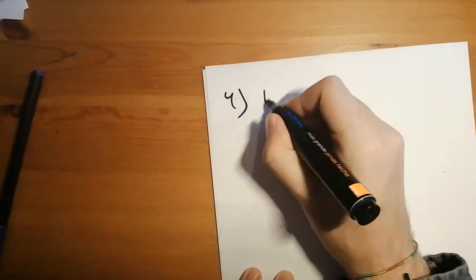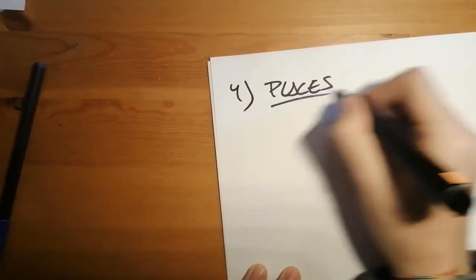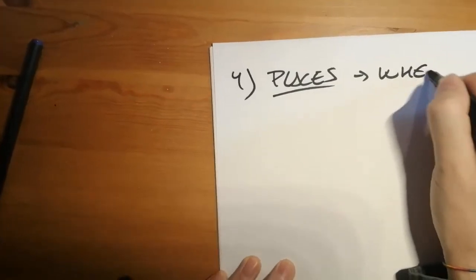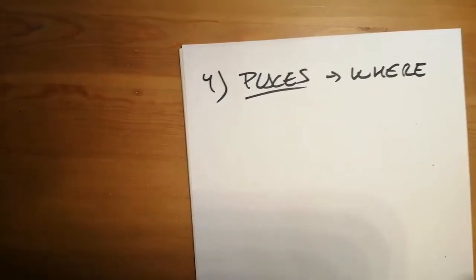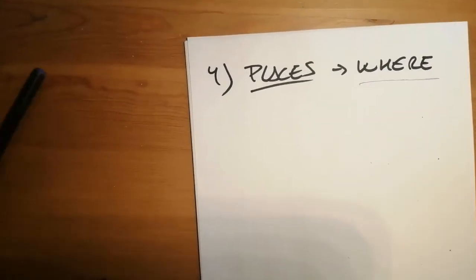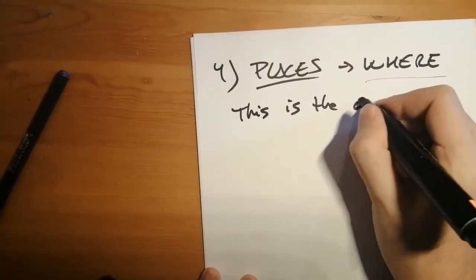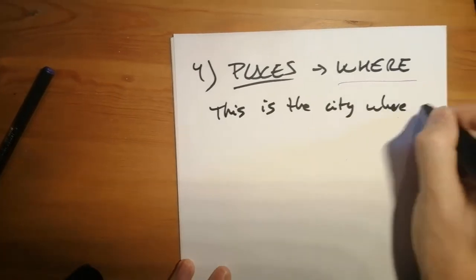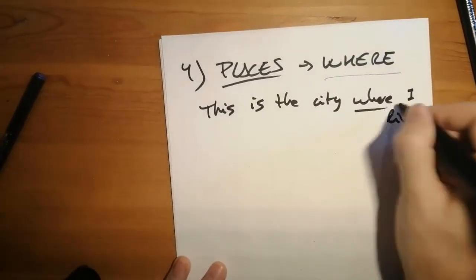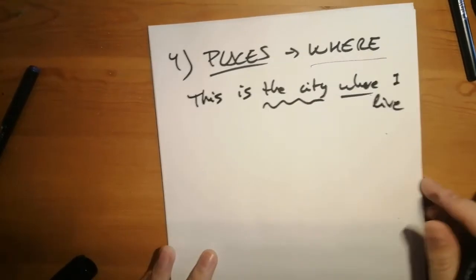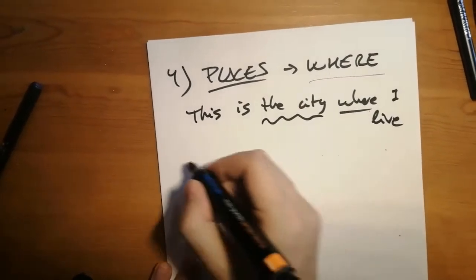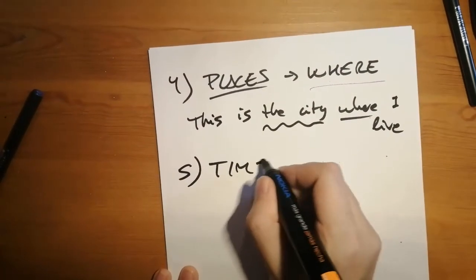So number 4, places. We use where, donde in this case. For example, this is the city where I live. So we have a place and then where, and finally time.